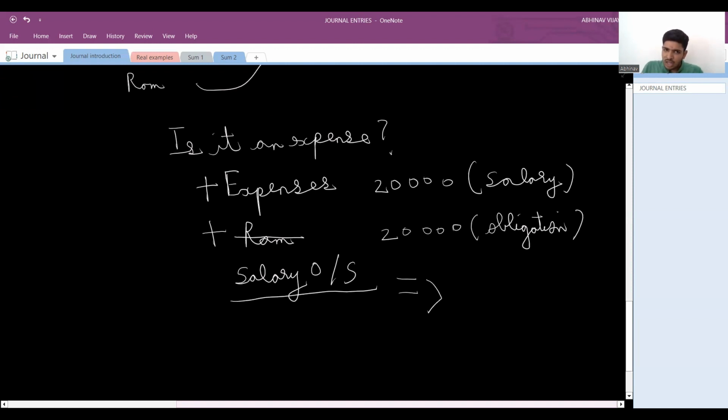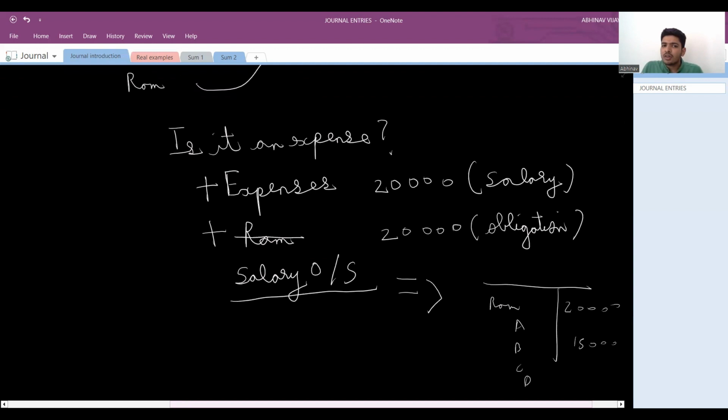So they write salary outstanding here. And inside the salary outstanding register, they write the name of Ram, 20,000, A, B, C, D, 15,000. So they write it like this. But for neatness purposes, they consolidate all the names and write salary outstanding.